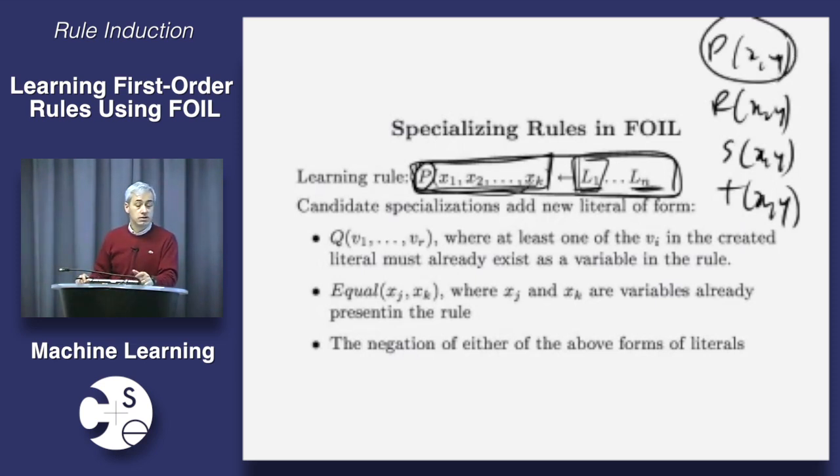Okay? So let's say that in my rule I already have something like, very trivial, P of xy if r of xy, right? What can I add now? What are the first obvious choices? Right, just give me one suggestion of something I might add to the rule.